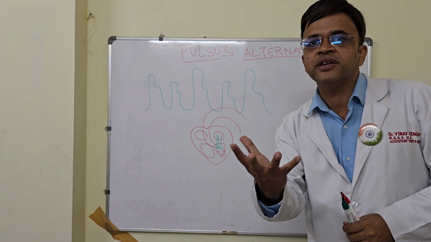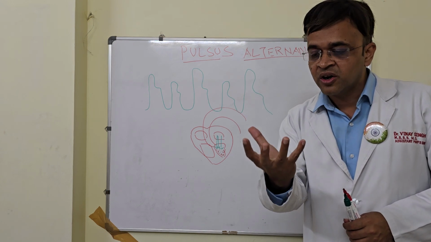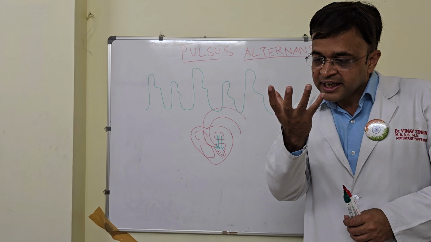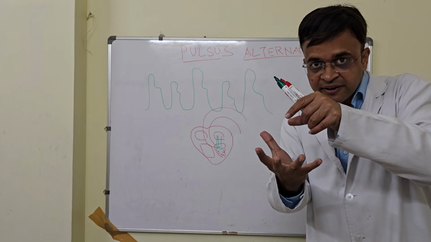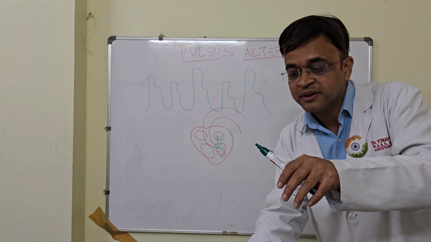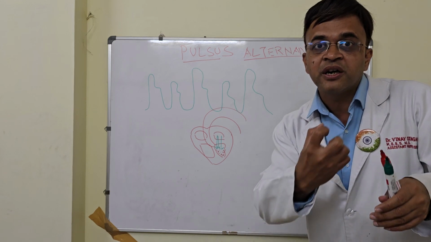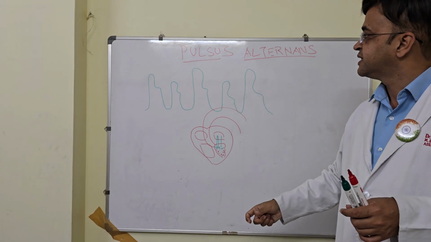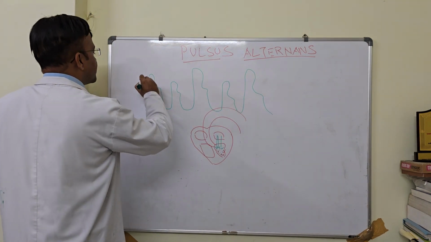So this will become overloaded. Again, Frank-Starling law: if it gets filled properly, I mean, it has residual blood plus extra blood from the atria, it is going to expand properly. If it expands properly, it is going to give a forceful contraction. So what you will get is forceful contraction.